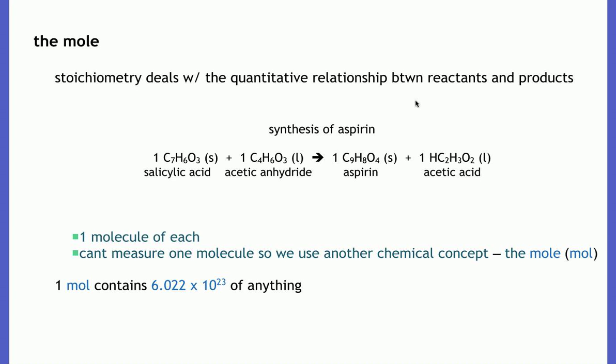A mole is 6.022 times 10 to the 23rd of anything. So if I have 6.022 times 10 to the 23rd salicylic acid molecules, that's exactly 1 mole of that substance. And it seems like an arbitrary number, but what it does is it makes the math easy for us in the long run.